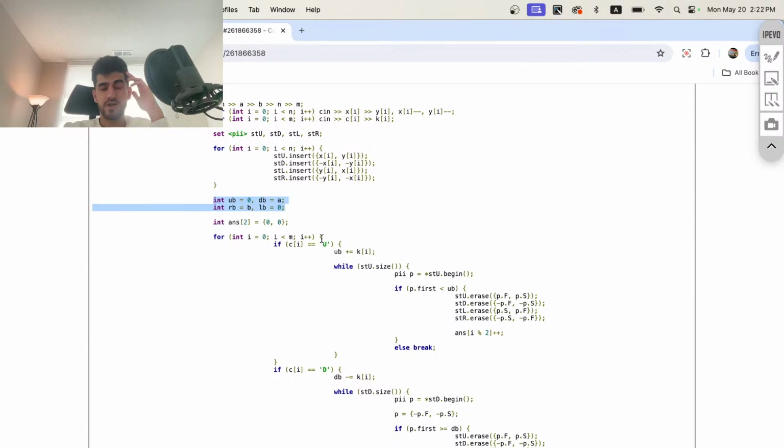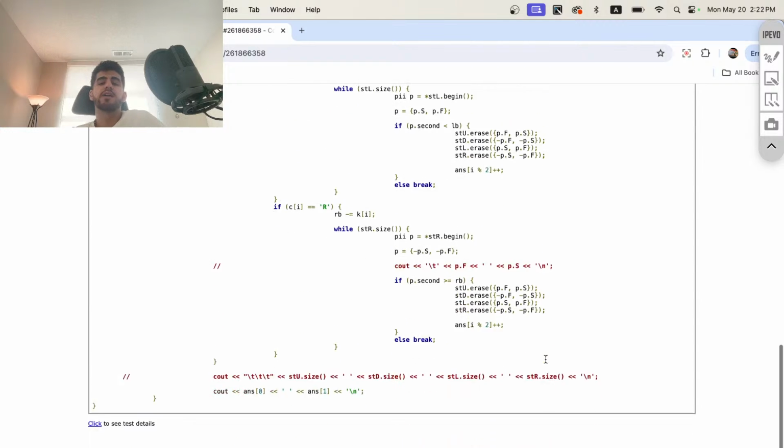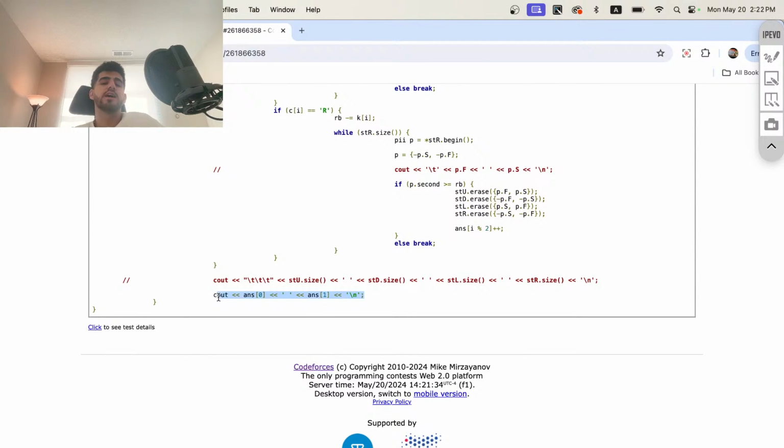So whenever I get a direction, I just move that bound, and as long as I have an element that lies outside of this bound, I will keep erasing it and update the answers for Alice and Bob, and at the end I will see our answer of 0 and answer of 1. So the solution is quite straightforward, but mostly the implementation was a little bit of an issue.